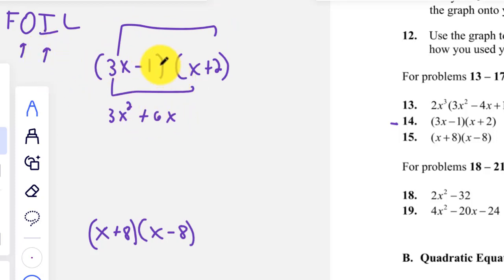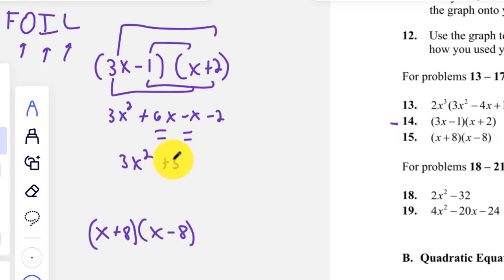Then the I in FOIL is inner terms. And then the L in FOIL is the last terms. And when we combine our like terms, you get 3x squared plus 5x minus 2. That is my final answer for number 14.